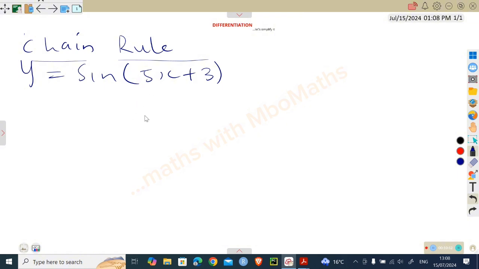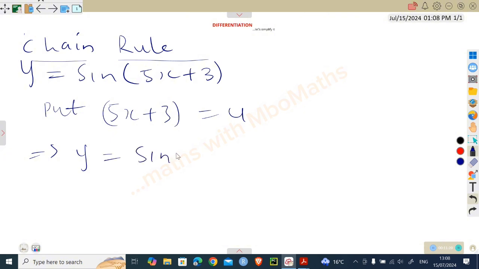So there is a way we go about it. How do we go about it to make it easier? We say, okay, we put this 5x plus 3 to be u. So if you say let 5x plus 3 be u, it implies therefore that y equals sine u. If you do it this way, it makes it easier for you. You can get du/dx and at the same time get dy/du.